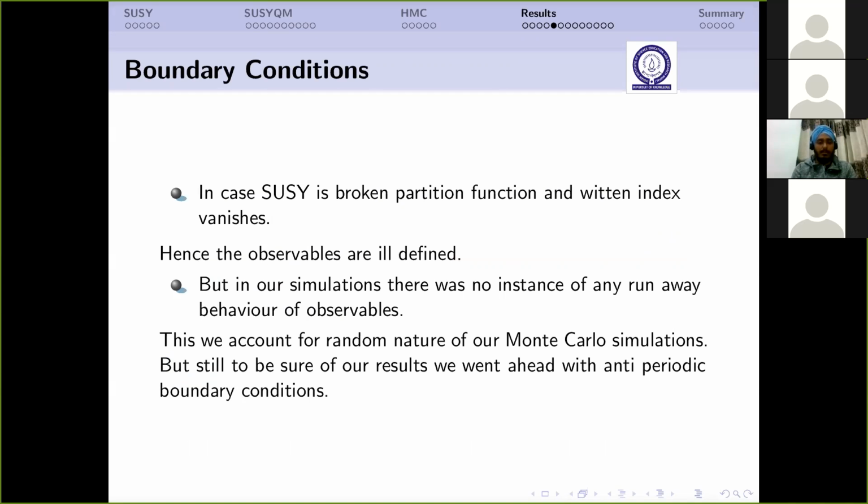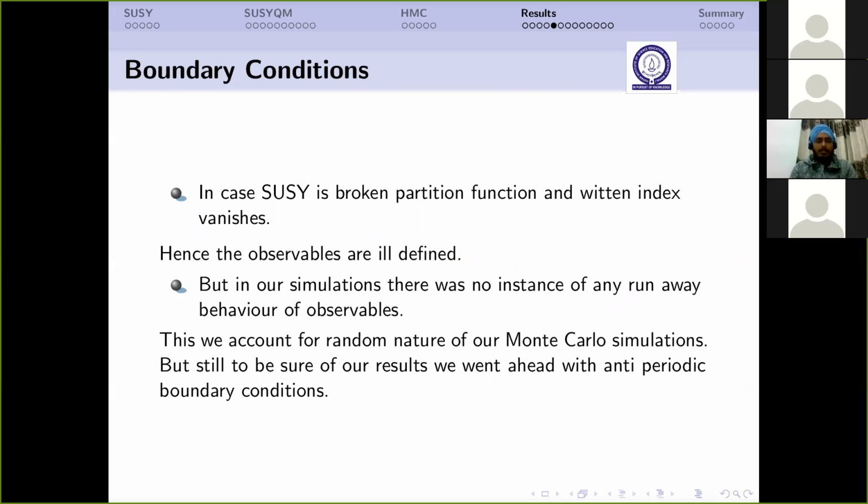We have previously discussed that if supersymmetry breaking is there, the Witten index is actually zero. But if the partition function is zero, the observables that we are getting we cannot trust. But in our simulations, there was no such instance of runaway behavior of observables.